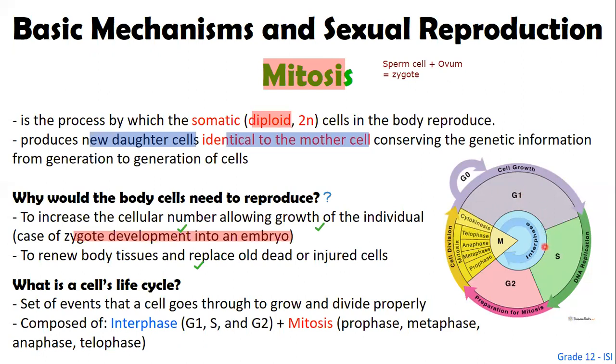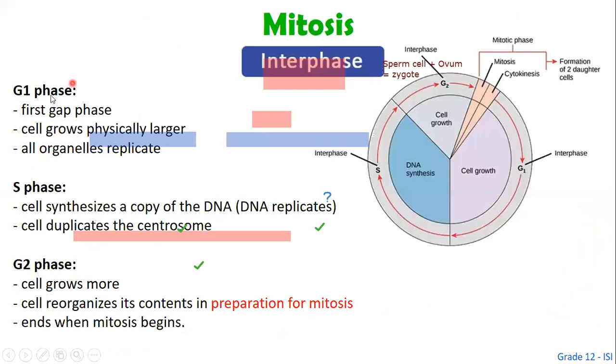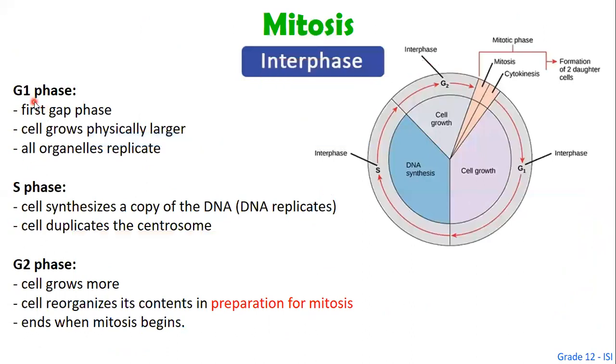Another part is interphase. Interphase, let's say, we consider it as a phase to prepare the cell for mitosis. Interphase consists of 3 phases. We start with gap 1 or G1. In this phase, organelles of the cell are replicated, are doubled.